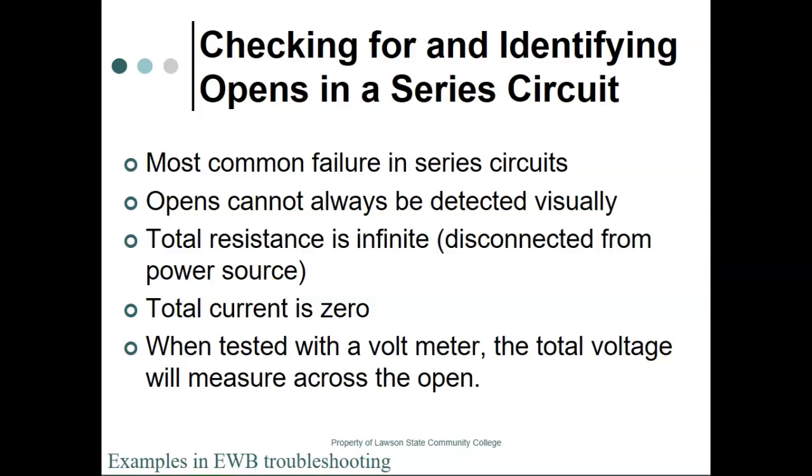The whole string's down, right? So we know that the total resistance will go to infinity because there's just too much resistance there. There's no current going. So when we start using a voltmeter, you start looking for where is the voltage sitting.